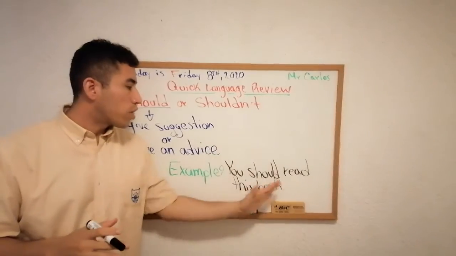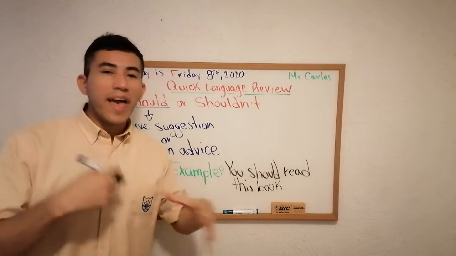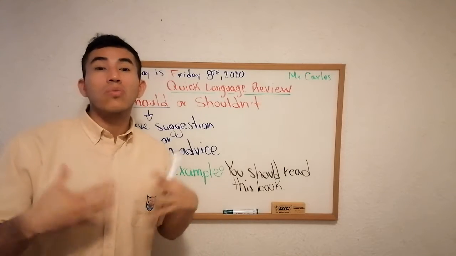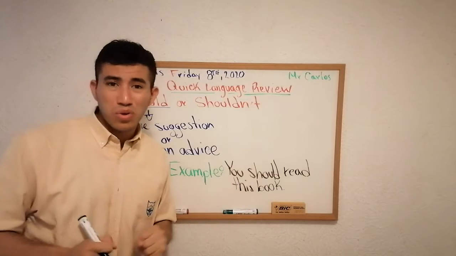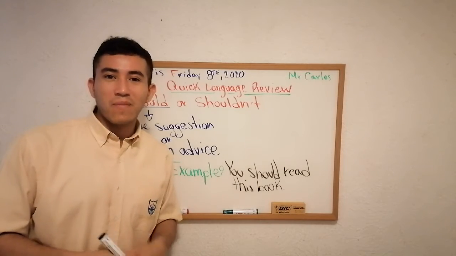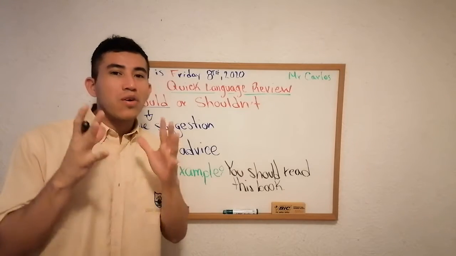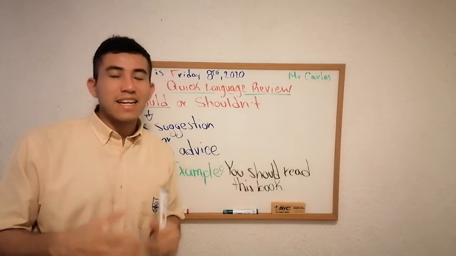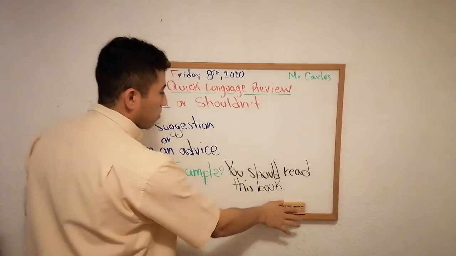You should read this book because the book is good. You're going to learn vocabulary. You're going to learn new words, right? So this is a suggestion. It's good for you to learn more things about science, about history, about math. So you should read this book. It's an advice or a suggestion. Yes?